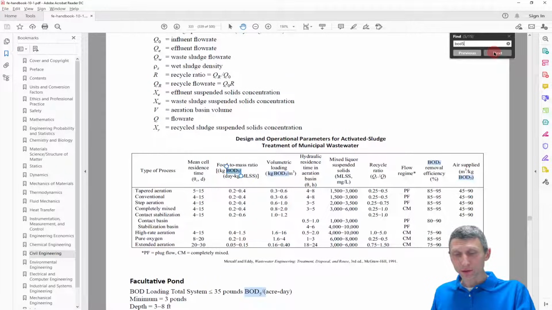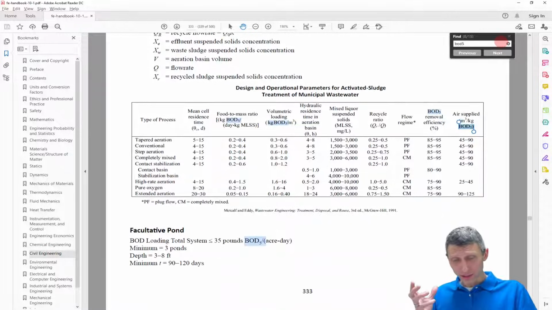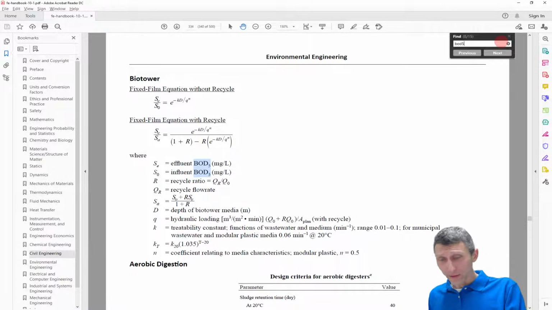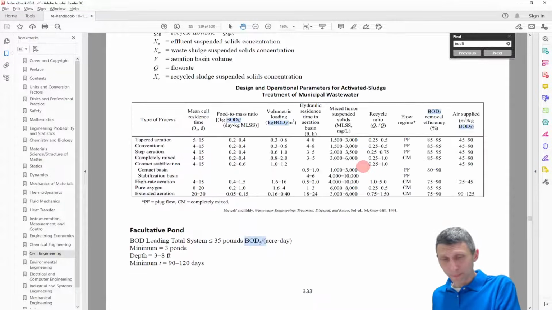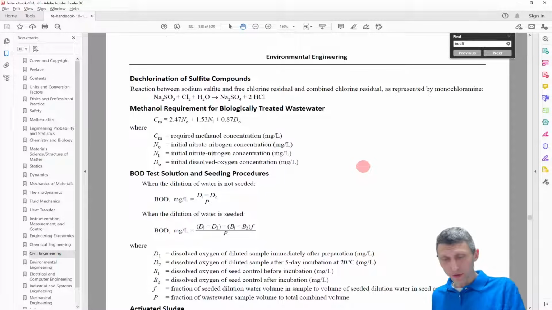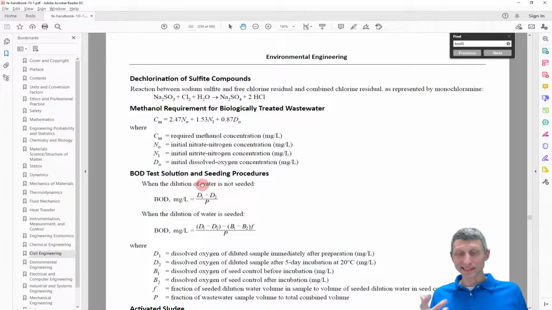So maybe you don't remember what BOD is. BOD is a measure of biochemical oxygen demand, and this is where I wrote down where we need to go. I think I went by it already, so let me come back here and see where we are. There we go: the BOD test solution and seeding procedures.